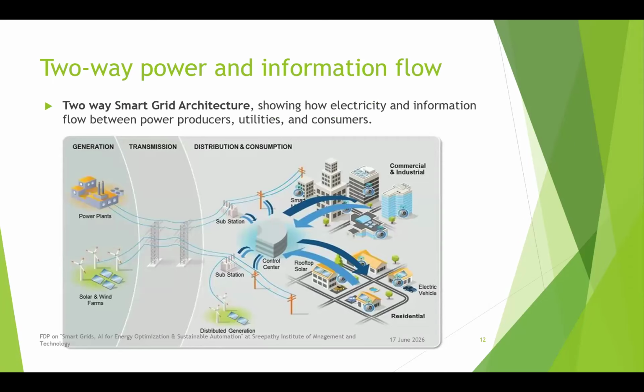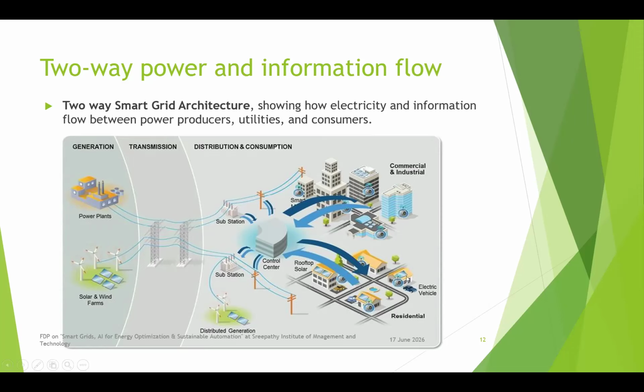So this is the structure or architecture of a smart grid, which shows the two-way structure. Here, see, these are the power plants or solar or wind farms. Here it is transmitted and given to the industrial centers. This is e-vehicles.